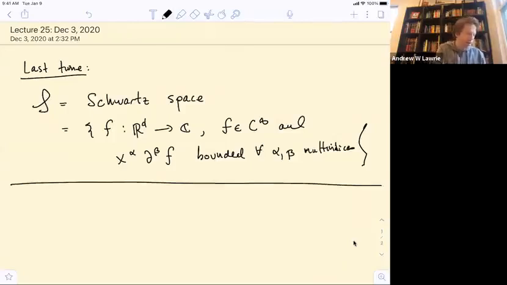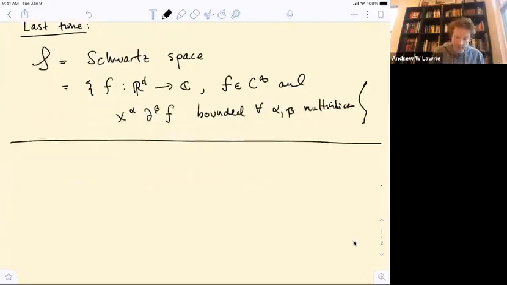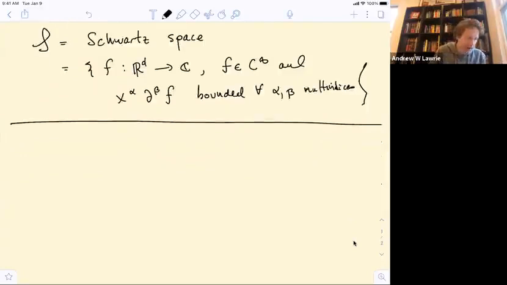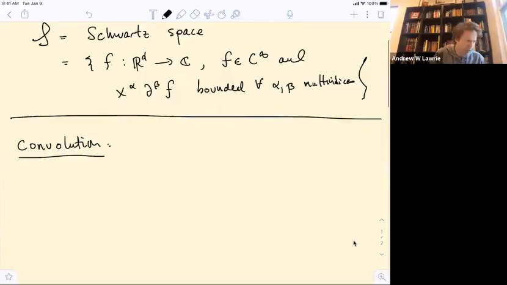We're going to do the proof of the inversion theorem today, but we have a couple other preliminaries. One, I just want to review convolution for a second. A couple additional properties about convolution that I don't think we covered before.